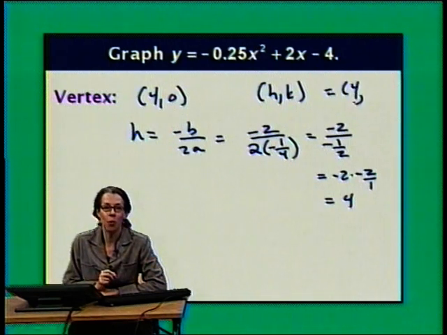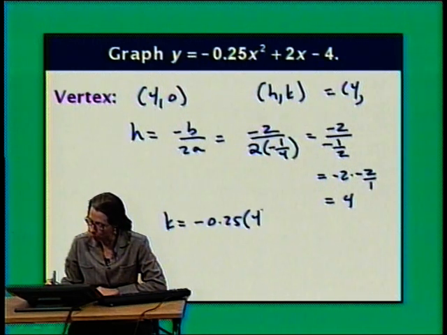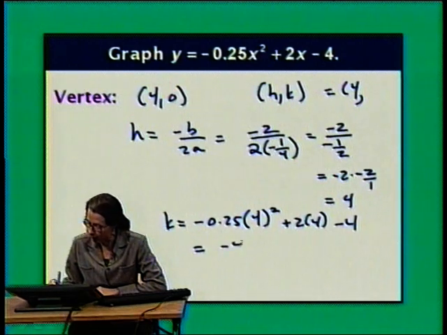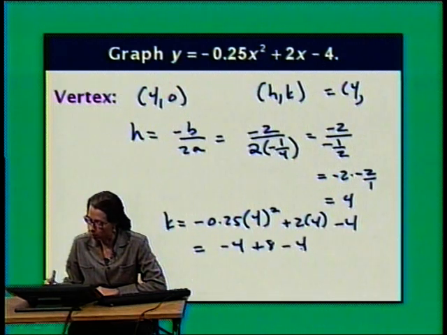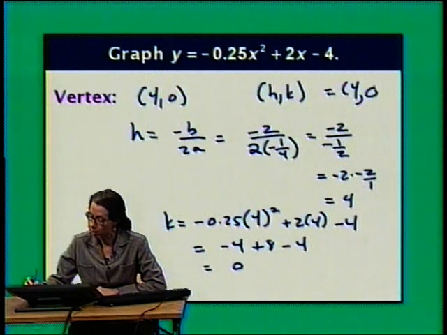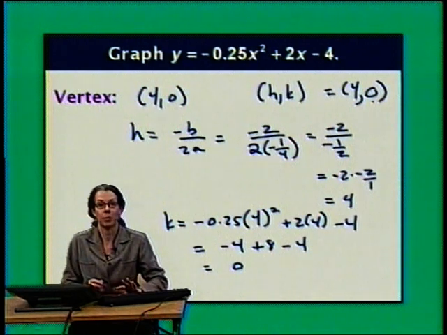Now when I plug 4 into my equation, I have negative 0.25 times 4 squared plus 2 times 4 minus 4. 1/4 of 16, that's negative 4, plus 8 minus 4, which is indeed 0. So the vertex is indeed the horizontal intercept.